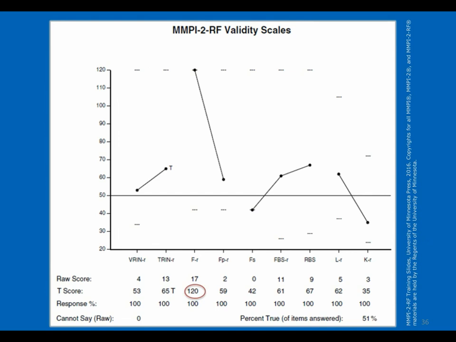In this case, the underreporting scales are not elevated, but it would be possible for an individual to both overreport as well as underreport psychological problems. However, after the validity scales, we would not interpret the substantive scales of the test because of the elevation on FR of 120, which invalidates the protocol.